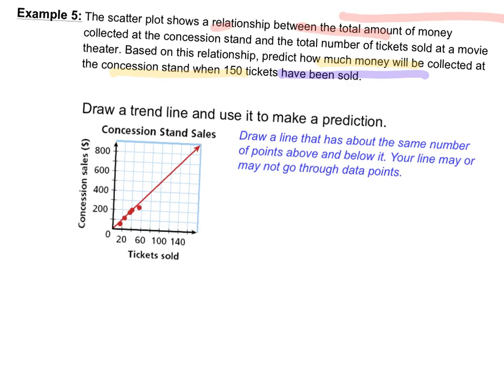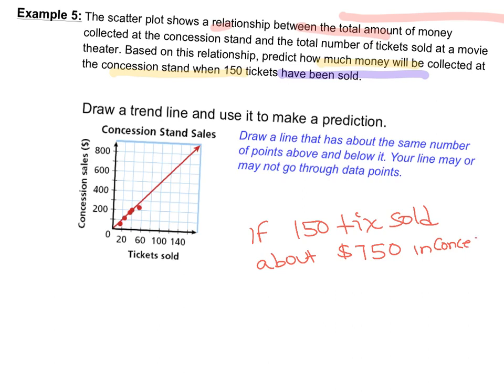So the prediction is that if 150 tickets are sold, then you are going to have about $750 in concession sales.